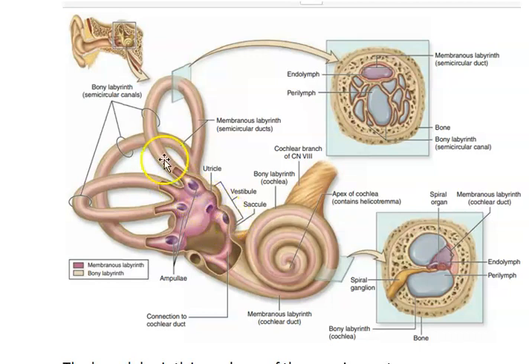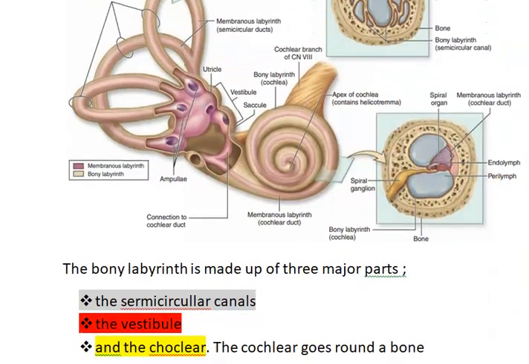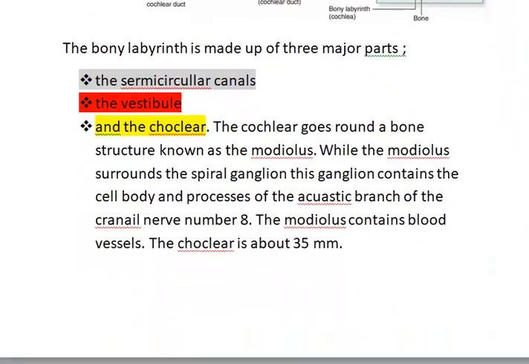This pink structure is housed in the bony labyrinth, and we said it is known as the membranous labyrinth. So those are the two major parts making up our inner ear.